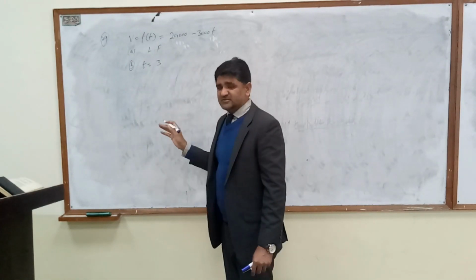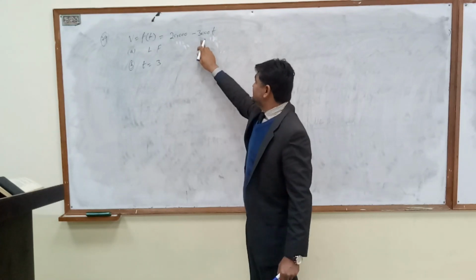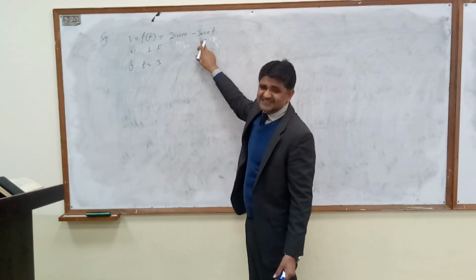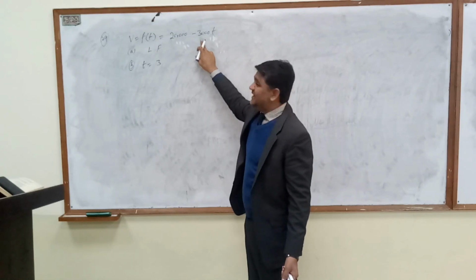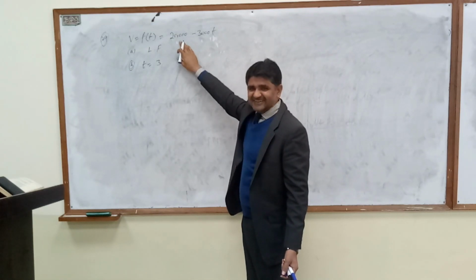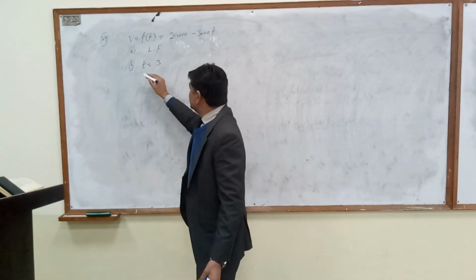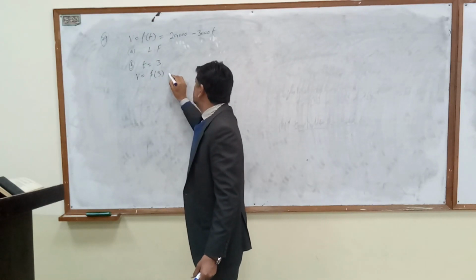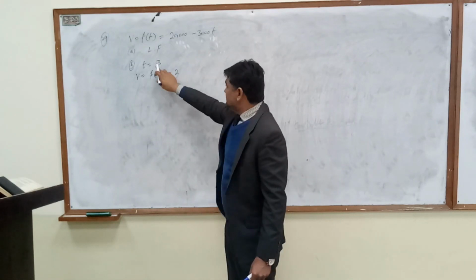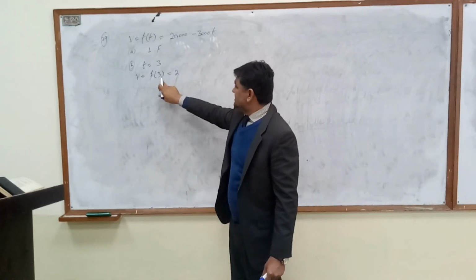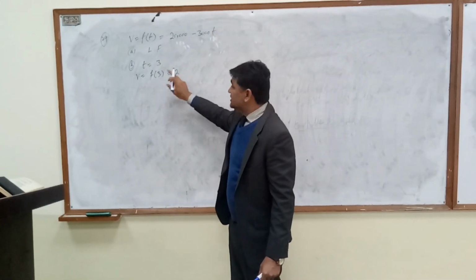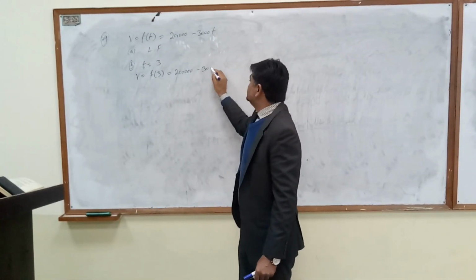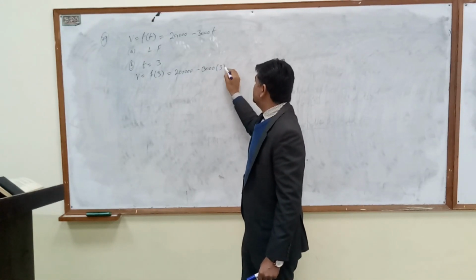Then we can find the value of truck. Every year, how much has it decreased? 3,000. In 3 years, what will be the total decrease? 9,000. And what's remaining? 11,000. We can simply put the value in this function. f(3) is equal to, because we are replacing t with 3, 20,000 minus 3,000 times 3.